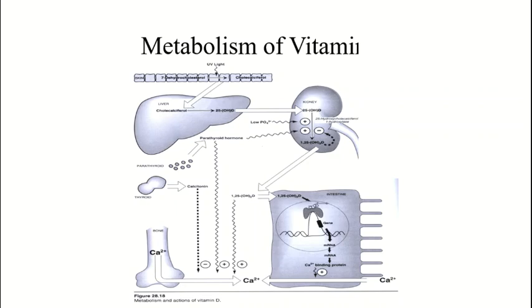Now, calcidiol is further metabolized to produce calcitriol. Following this, calcitriol enters the circulation and gets delivered to the target tissues. This allows for the regulation of absorption or reabsorption of both calcium and phosphate to occur in these tissues.